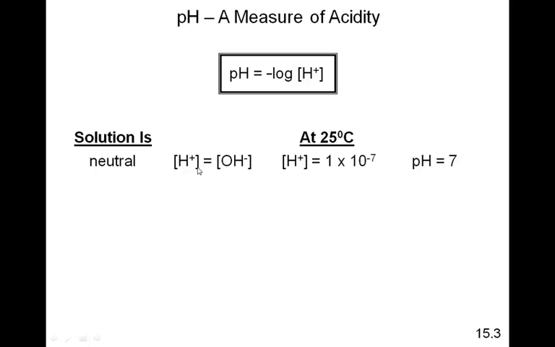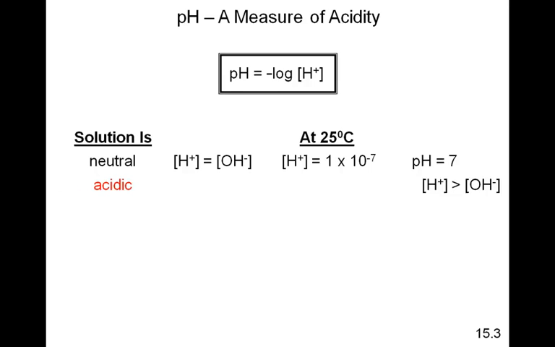They'll still be equal to each other, but they won't be 1 times 10 to the negative 7th. The solution is neutral, but the Kw is no longer 1 times 10 to the negative 14th. So these two concentrations will no longer be 1 times 10 to the negative 7th, and therefore the pH is not equal to 7.